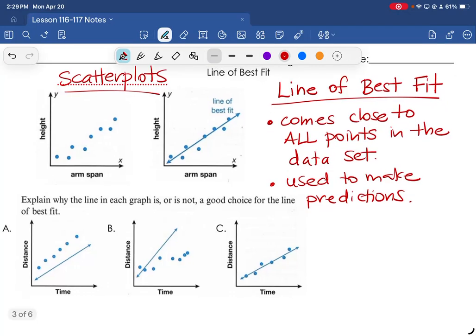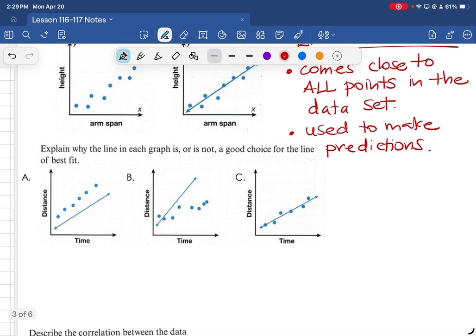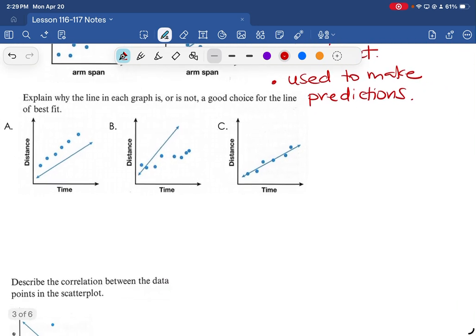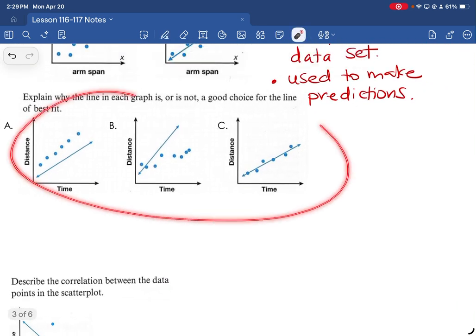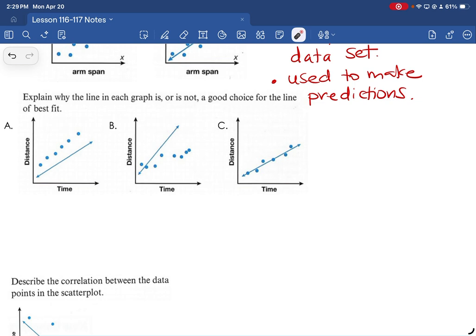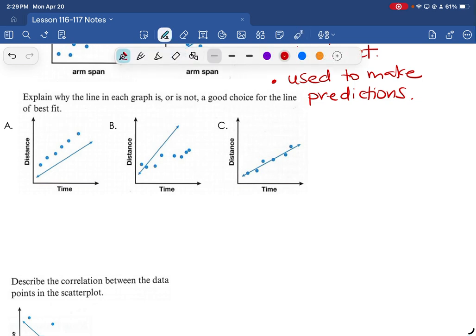All right, let's look at these 3 examples below, and you and I are going to determine whether or not these are good examples of the line of best fit. And yes, Thomas, you're right, the answer is C. But let's analyze each of these, just for note-taking purposes, and write the stuff down even though you're tempted not to.